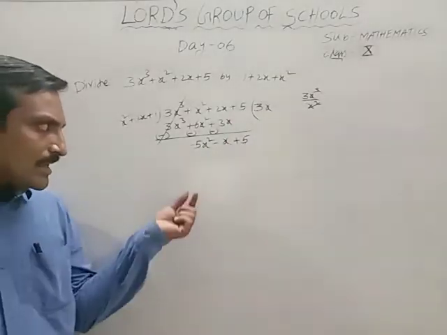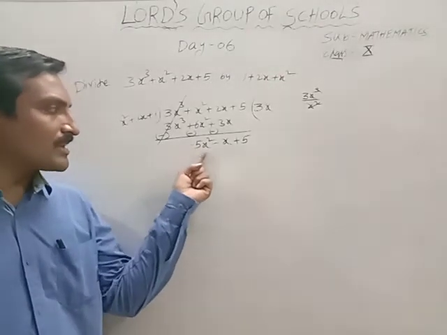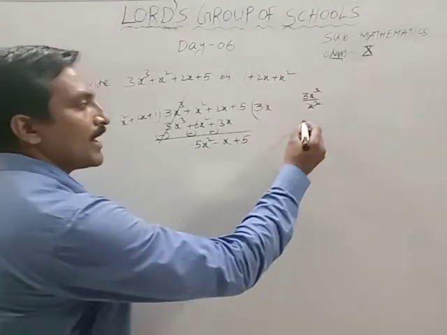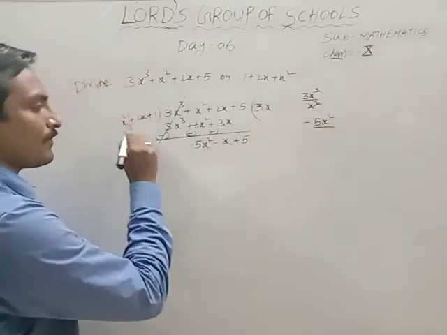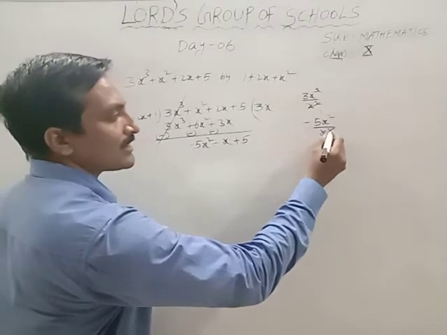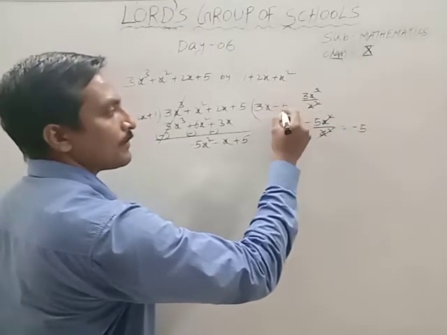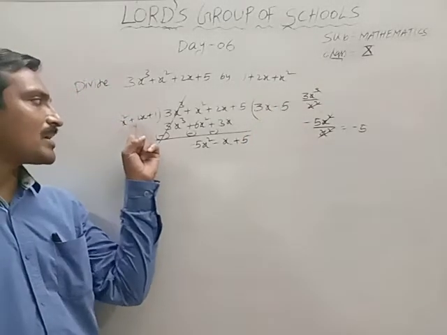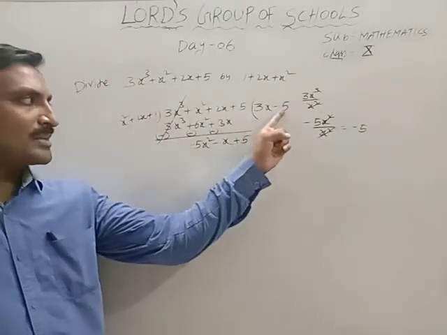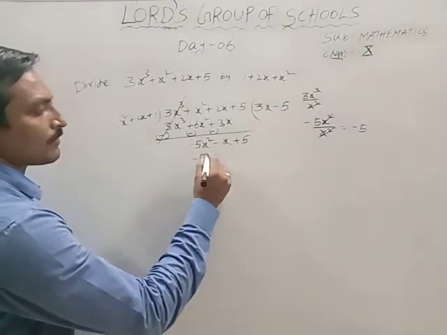Now in this case, the first term is minus 5x square. Minus 5x square divided by the divisor's first term x square: x square cancels, what is left? Minus 5, right in the quotient. Here, whatever you write, multiply this term with each and every term of the divisor. Minus 5 into x square, minus 5x square.